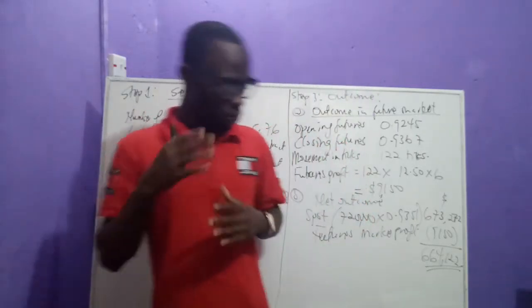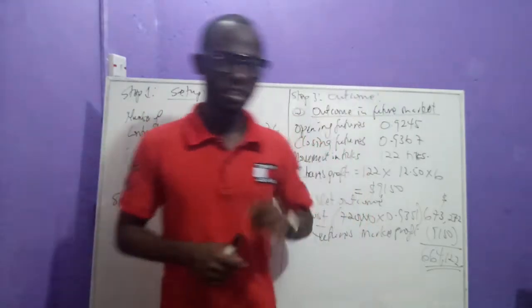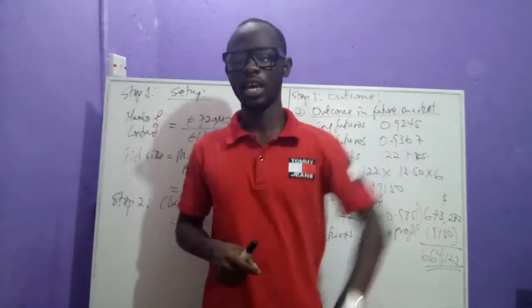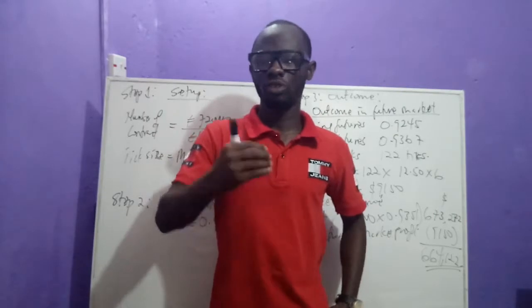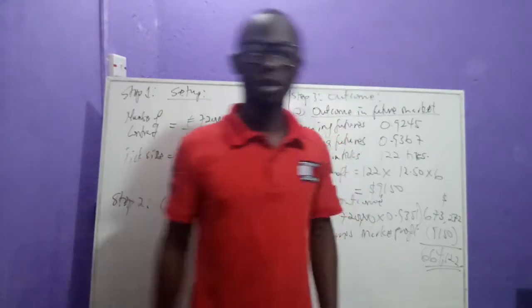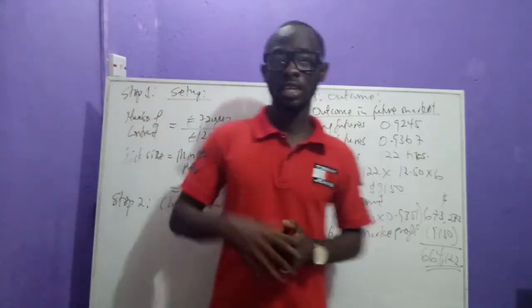Now, one thing I mentioned to you when I was dealing with investment appraisal options is that in order to guarantee that you're going to be buying, you need to pay some premium to the option seller, the one that is selling the thing to you.